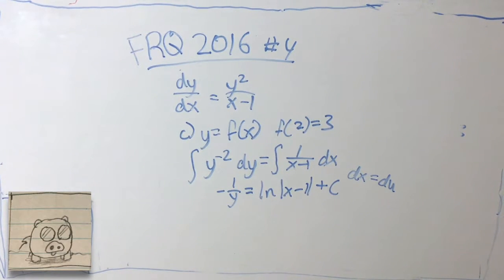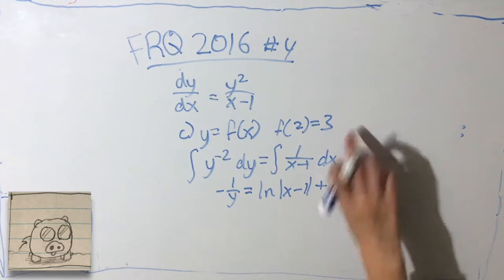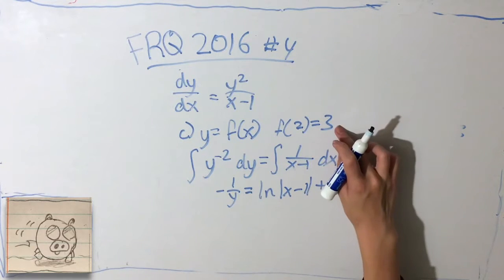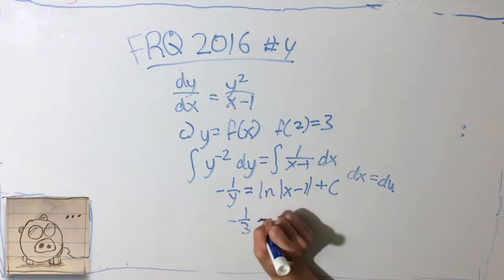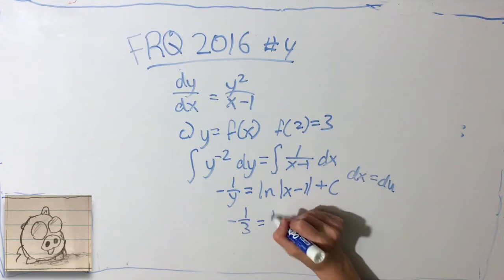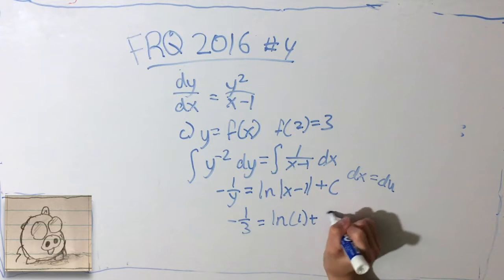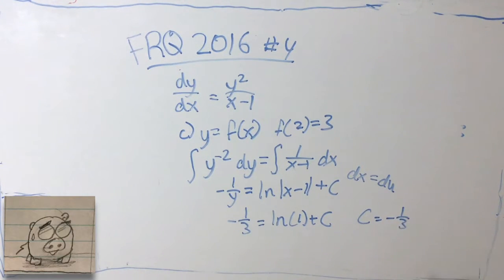So, now that we have an equation, we can go straight into plugging in the (2, 3) given in the question earlier. Usually I like to do that earlier rather than later, because otherwise this step can be very easy to forget. The left side becomes negative 1 over 3, and ln of 1 is just 0, so C therefore equals negative 1/3.